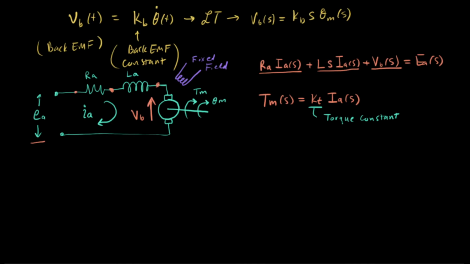And it's worth noting that you can get KT, your torque constant of the motor, and KB, your back EMF constant, or 1 over KB, which is KV, which is your velocity constant, from the motor manufacturers.